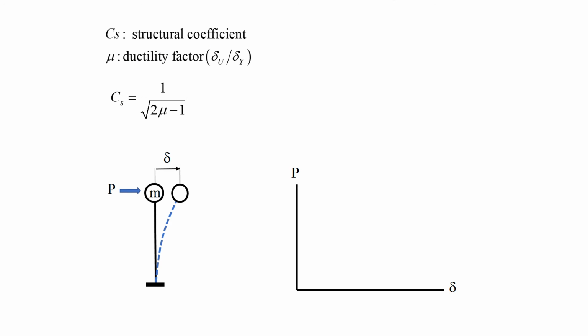Let me explain the structural coefficient CS and ductility factor mu. Suppose the SDOF model is subjected to the lateral force P, it displaces delta. Compare these two relations of P and delta. Both curves are linear until delta y, the yield displacement.